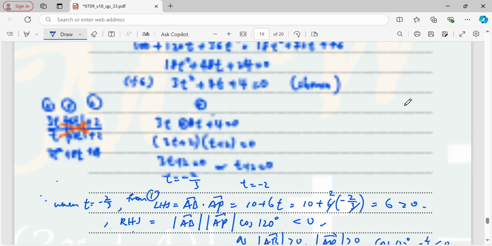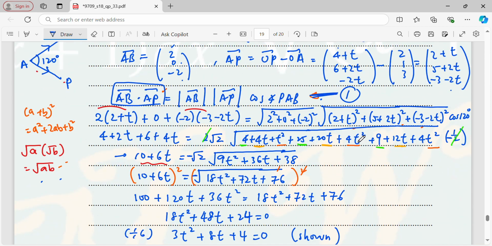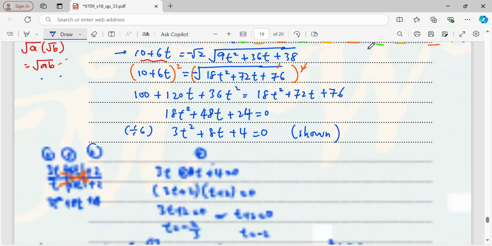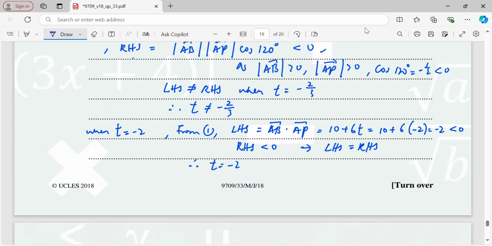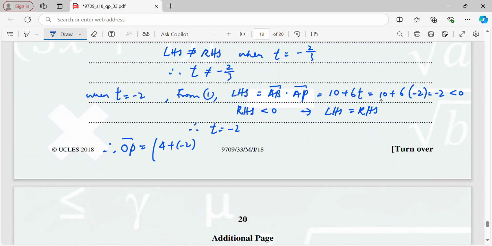So now the question is asking for OP. Okay, position vector of P. So now I know that I have to substitute my t into this OP. So at last, OP equals 4 plus t, and then the next component, 6 plus 2t, and minus 2t.